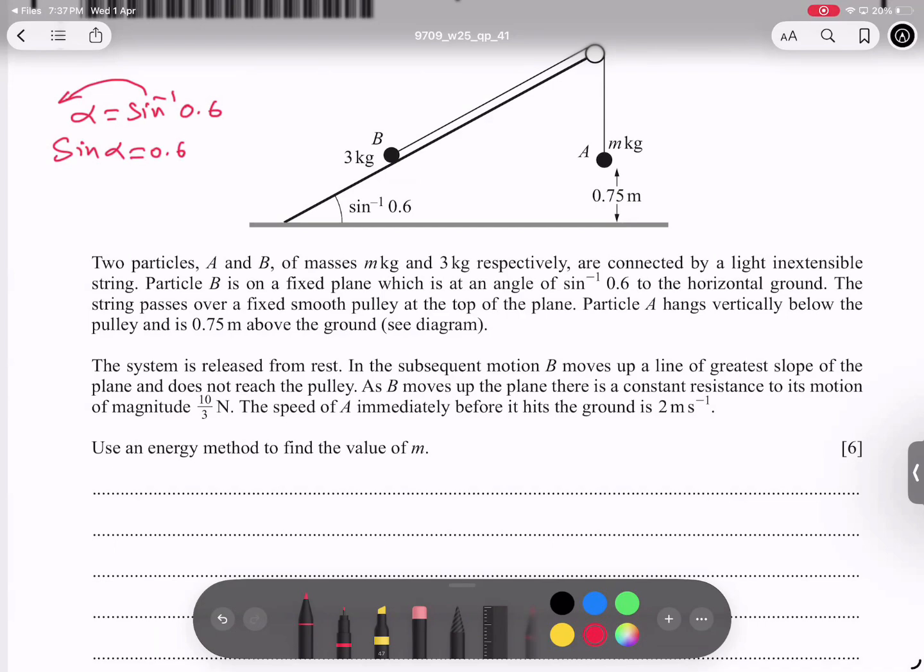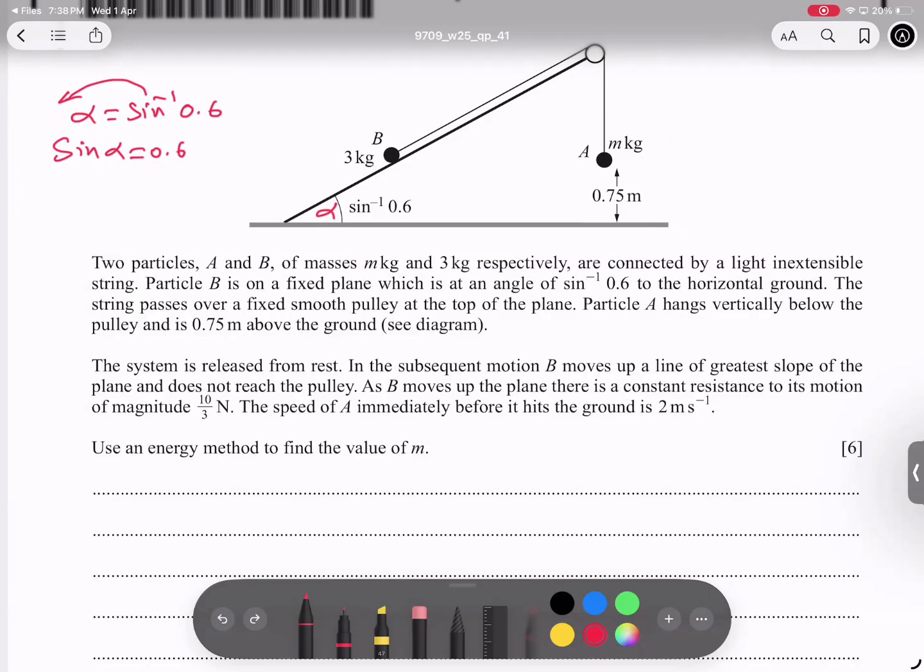He says 0.75 is the height of particle A, released from rest. Naturally, it starts from here with 0 speed, and when it reaches down here the speed is 2. Friction is 10 over 3. I think this data is clear.